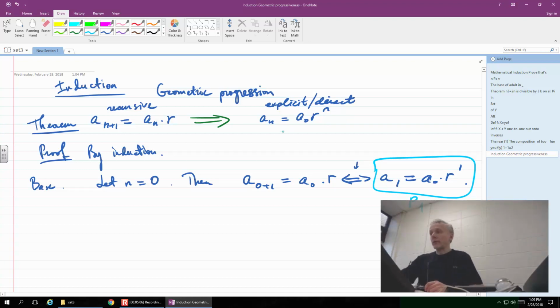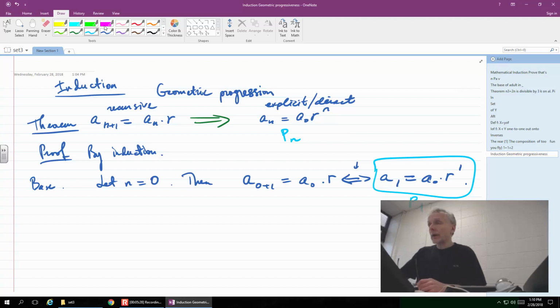We'll compare. So this is Pn right here, what we're trying to prove, and this is P1. Pn is there, and we have demonstrated that P1 is true based on our assumption on the left.